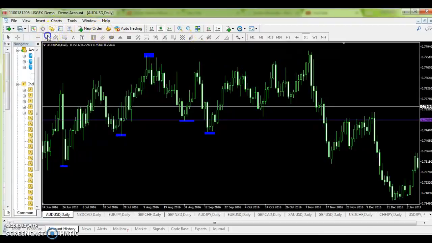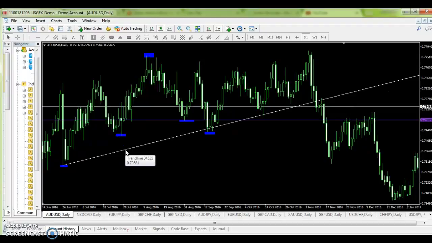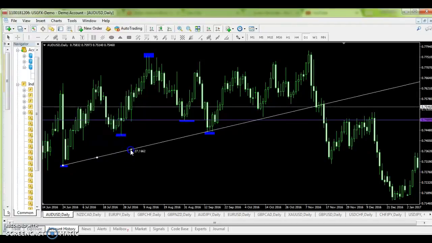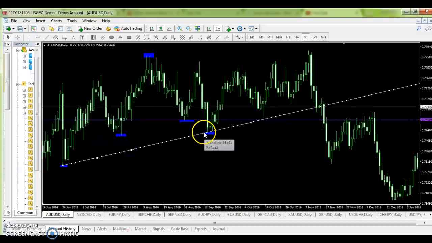But what I have to do after this is draw a trend line keeping the previous swing low where my entry exit was. I can't choose this swing low because this one is above this one.